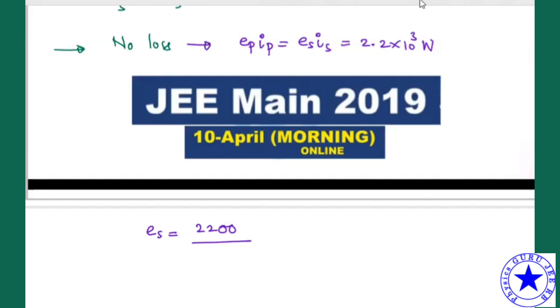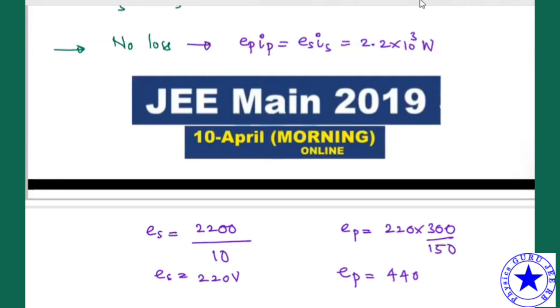EP is equal to 220 into 300 divided by 150. I'm getting the voltage across the primary as 440, right?